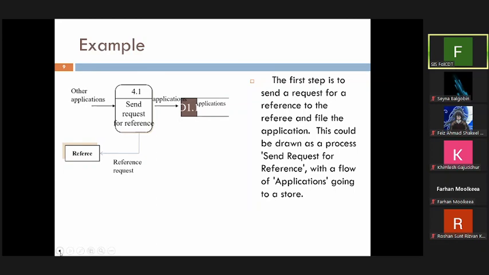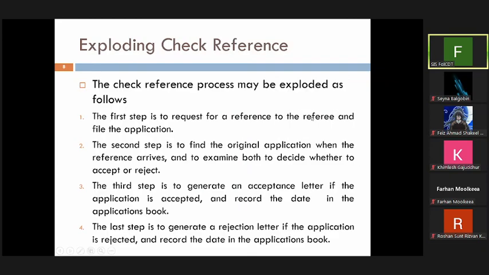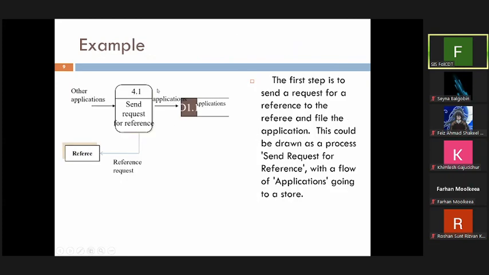Next, when we go through that first line and file the application, you see that it's suggesting that we have some sort of local data store. One of the rules says we are allowed to put a local data store. So we have the application, we send the request for reference, and we store the application in the application book. It's D1.1.